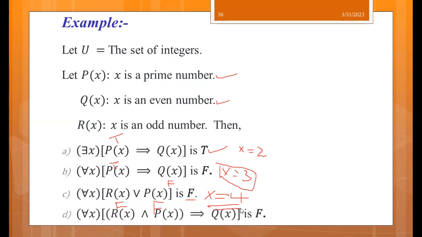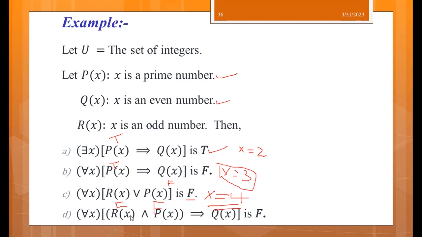The last one for this example could be D, that is, for every x, r of x and p of x implies q of x. Again, this is false, because it is a universal quantifier, so we need to find a counterexample like that of C and B. But what makes this false? Let us see the property of the open statements first.